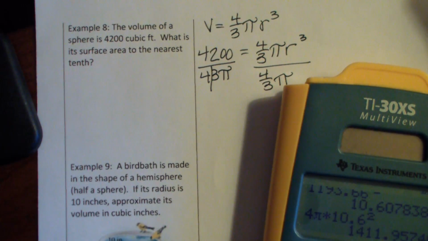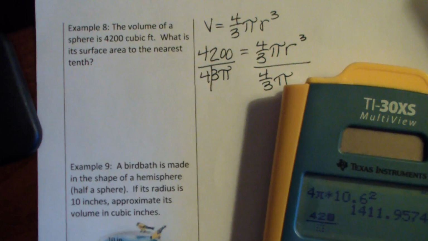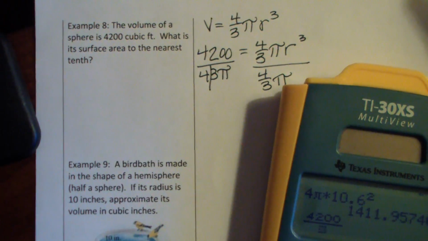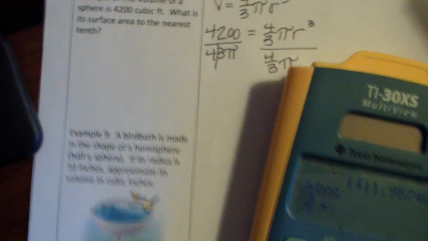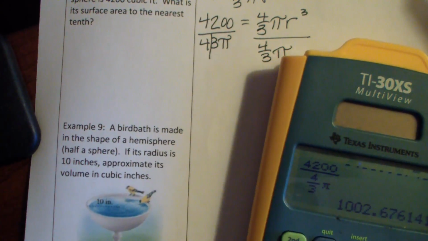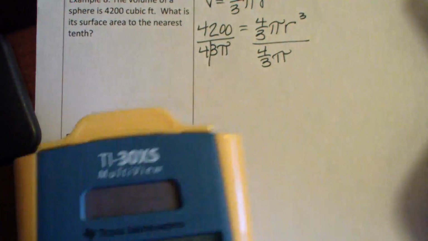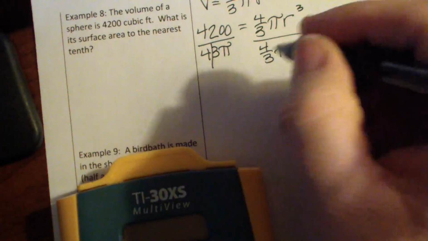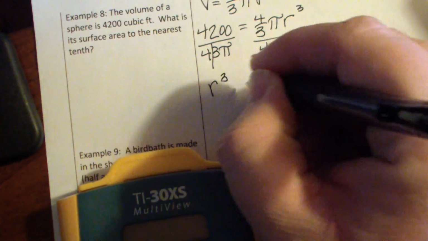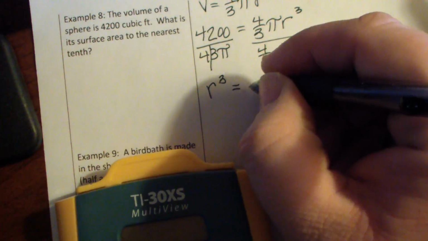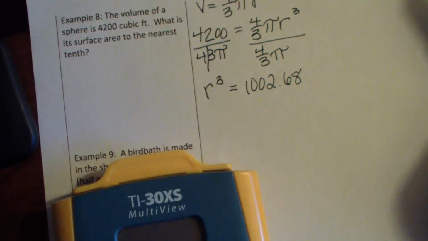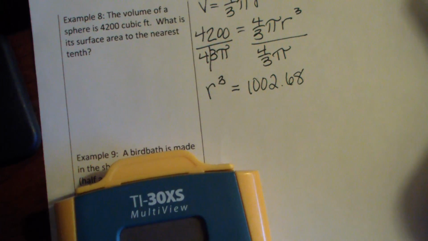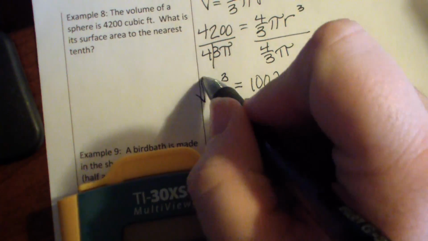So we've got 4,200 divided by 4/3 pi, and that is approximately 1,002.68. So radius cubed is approximately 1,002.68. And then we're going to cube root each side.